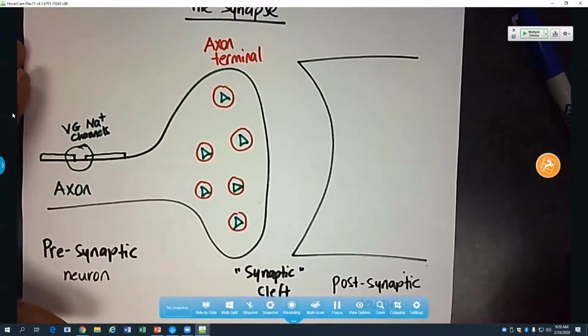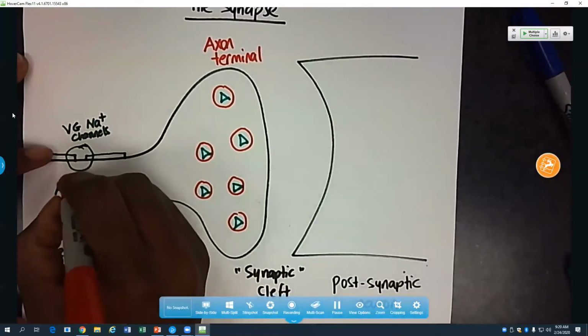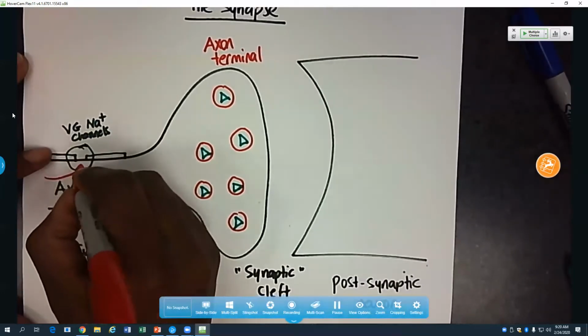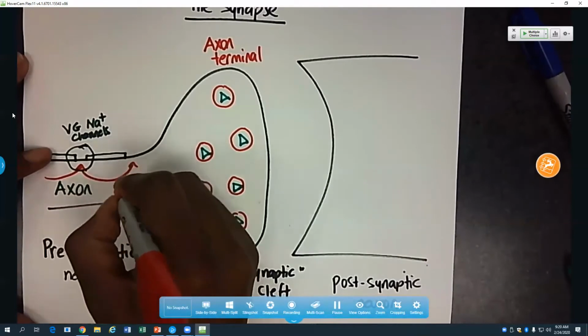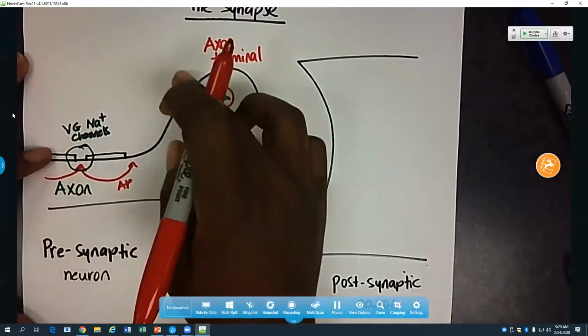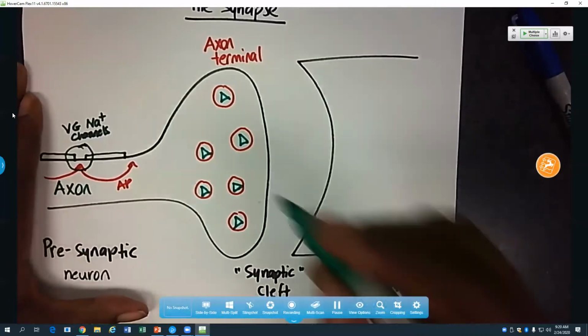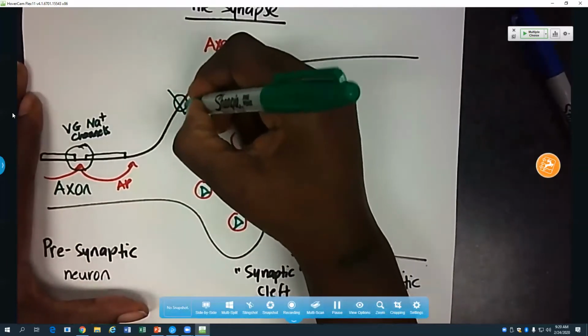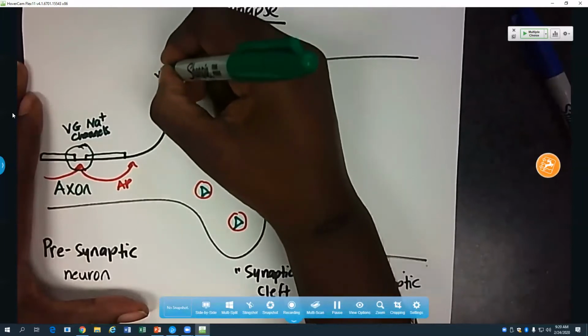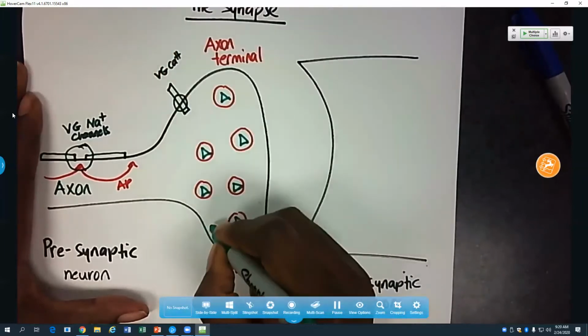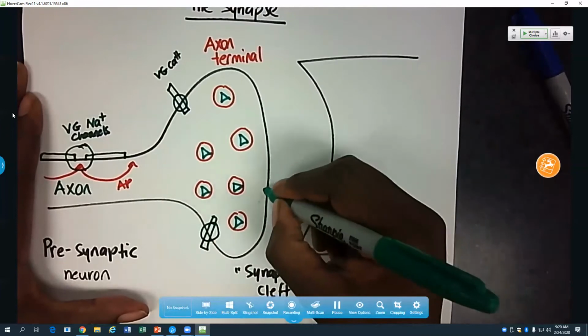And so we had the action potential going from this spot to this spot until it gets to the axon terminal. Now there's a different channel at the axon terminal, right? These are voltage gated calcium channels. Let's draw a couple of them on.